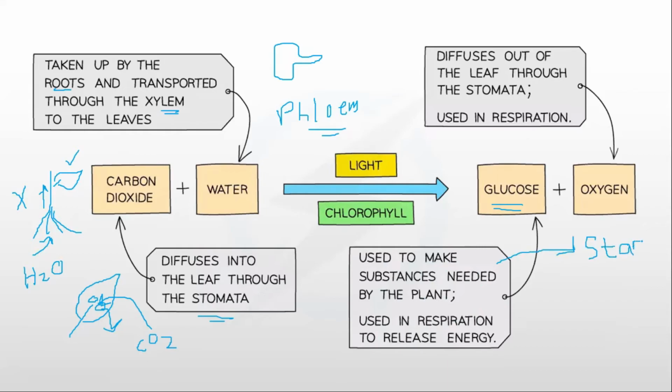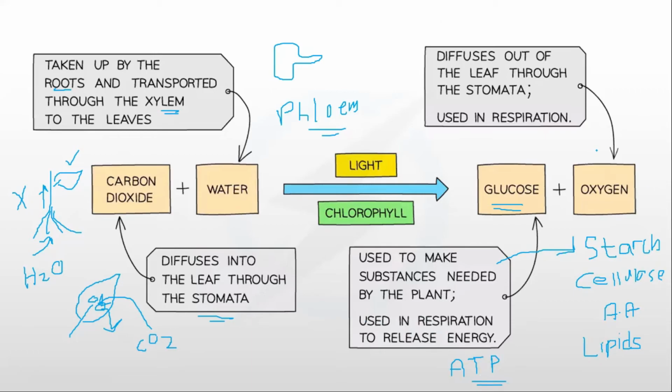The glucose may be used to make starch or cellulose, or amino acids, which would make proteins, or it can be converted into lipids for energy, or it can be used in respiration to release energy in the form of adenosine triphosphate molecules, which are further used in many chemical reactions. Without ATP, most of the chemical reactions in both plants and animals cannot take place.